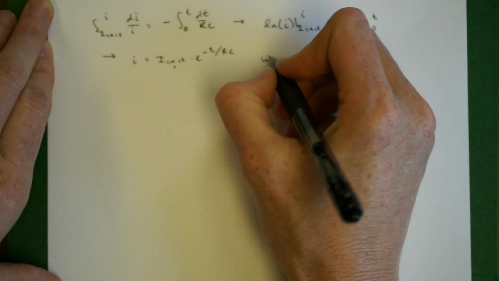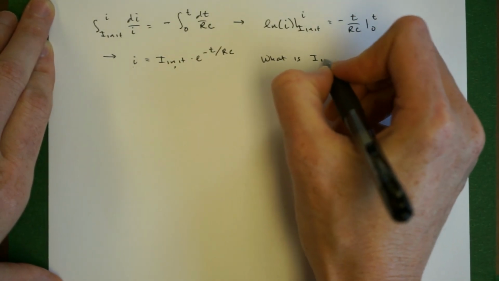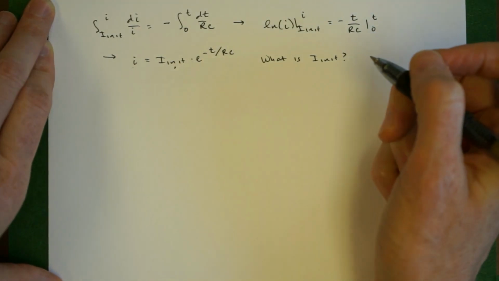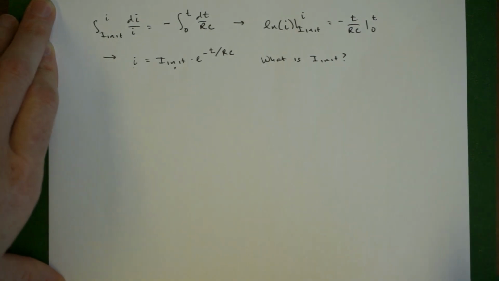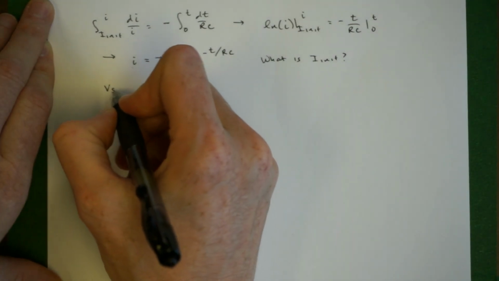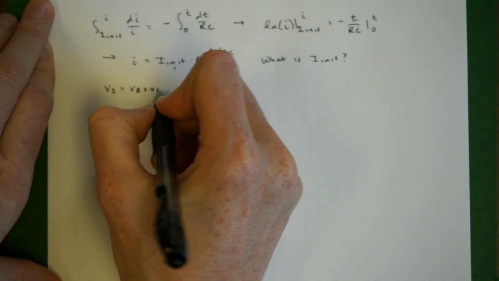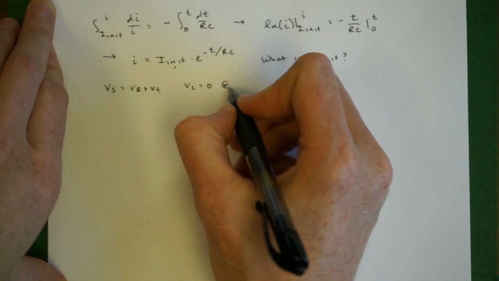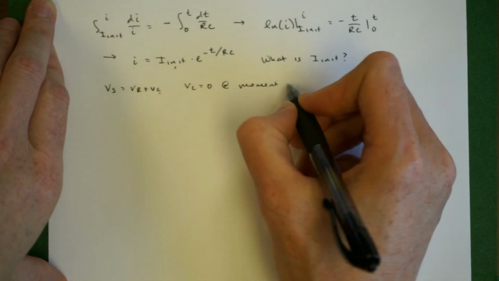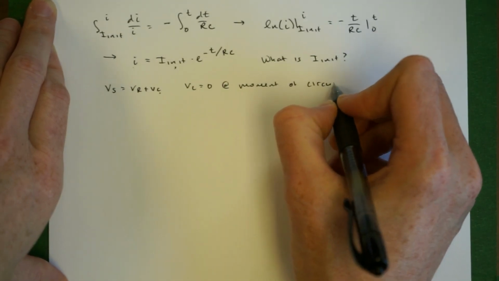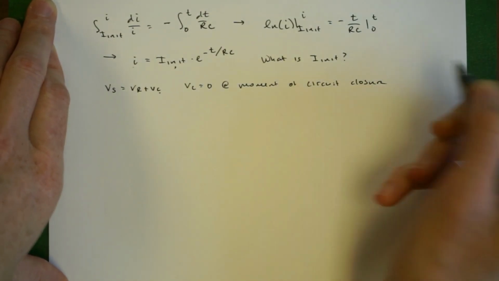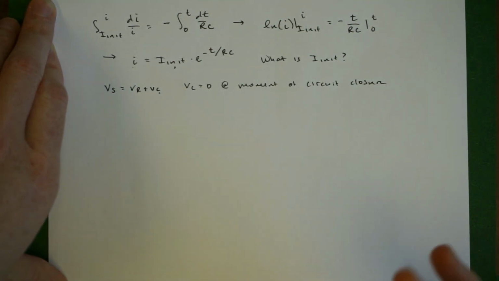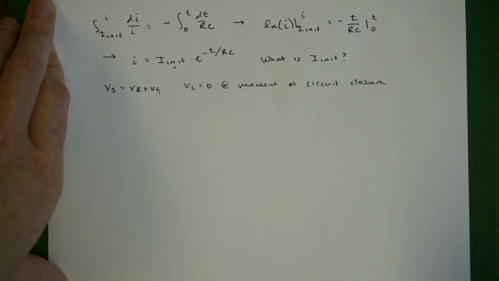So what is I init? At the moment that we have just closed this circuit, we always have Vs equals Vr plus Vc, but Vc is 0. So no voltage has had a chance to build up there because we have just begun flowing current.